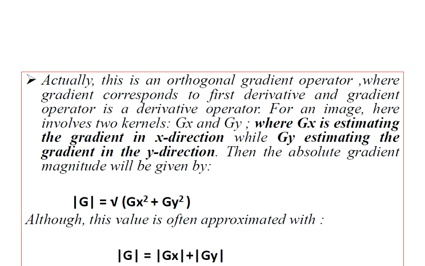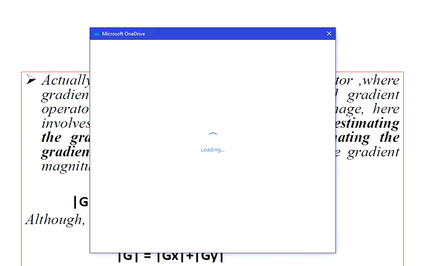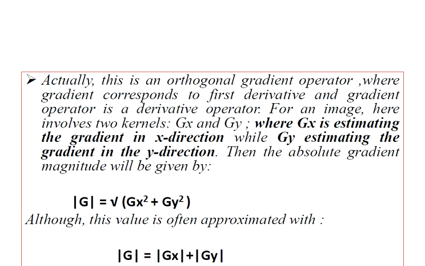Then for an image here, it involves two kernels, Zx and Zy. Zx is estimating the gradient in the x direction and Zy is estimating the gradient in the y direction.